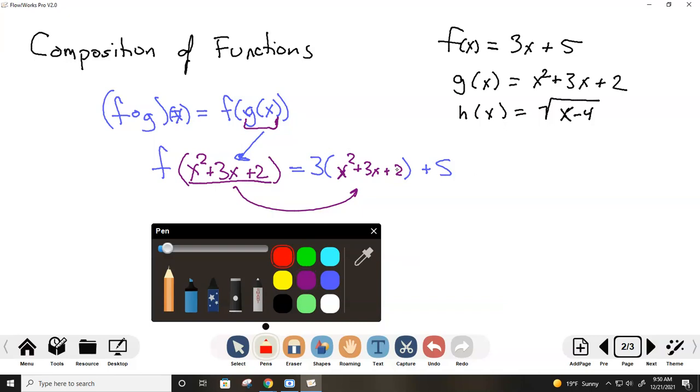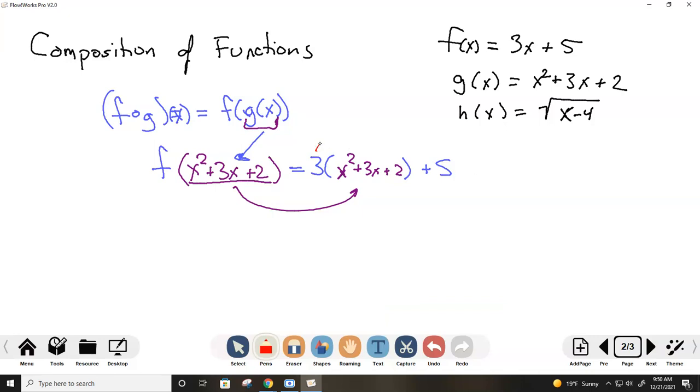So now I go ahead and see what I can do to simplify it. So I distribute: 3x squared, 9x, 6, and then we bring down the plus 5, and that's going to give me 3x squared plus 9x plus 11.